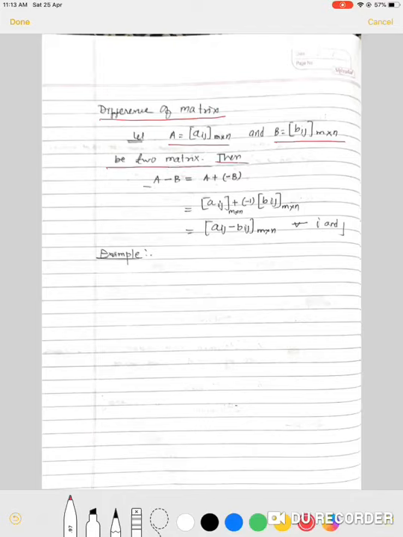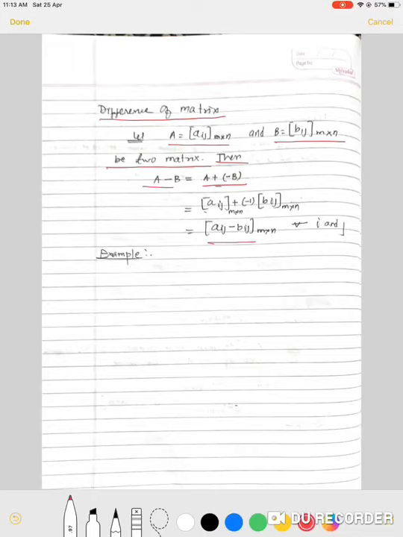Then A minus B is defined to be A plus minus B, that is [Aij] m cross n plus minus 1 into [Bij] m cross n, which is equal to [Aij minus Bij] m cross n. It means that whenever we have to find A minus B, first we find the negative of B and then add.